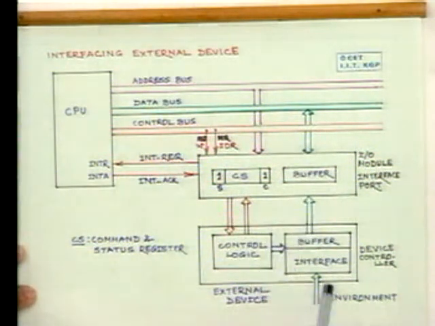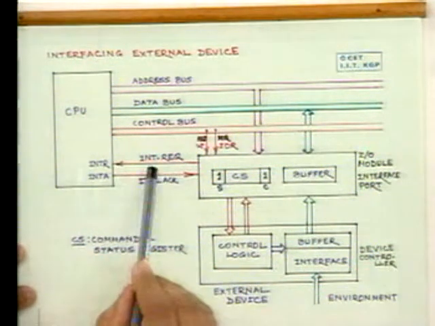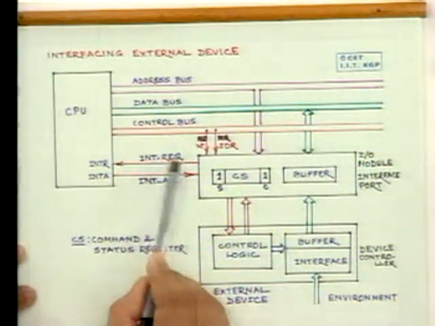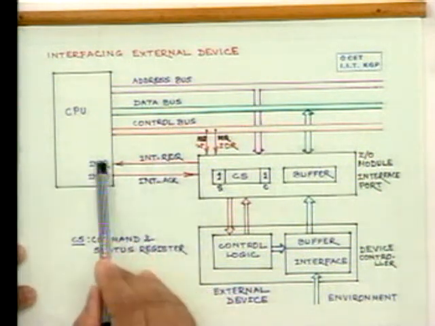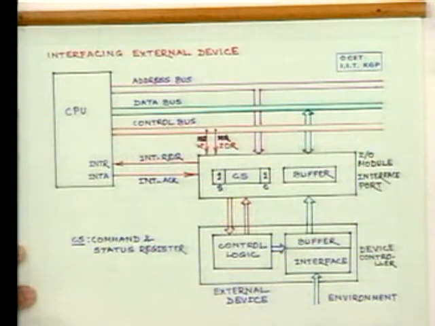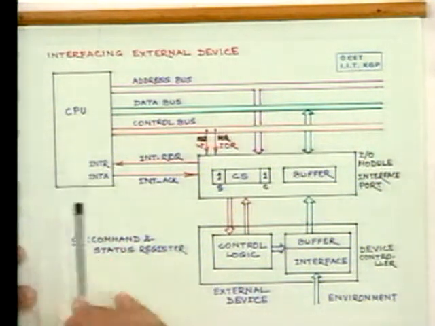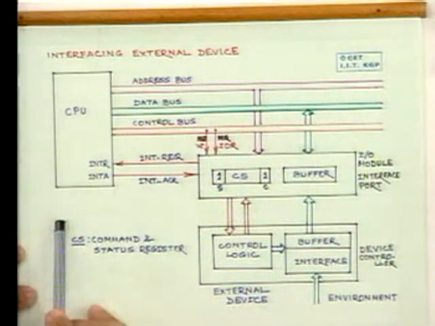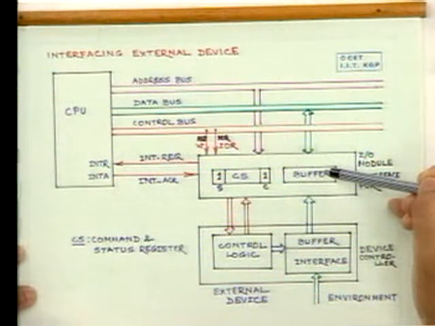As the input comes, the interrupt request is sent to the CPU, and this interrupt request immediately invokes the scheduler. The job corresponding to this excitement coming from the environment will immediately invoke the scheduler that is in memory, and it will execute on this data that has been placed in the buffer.